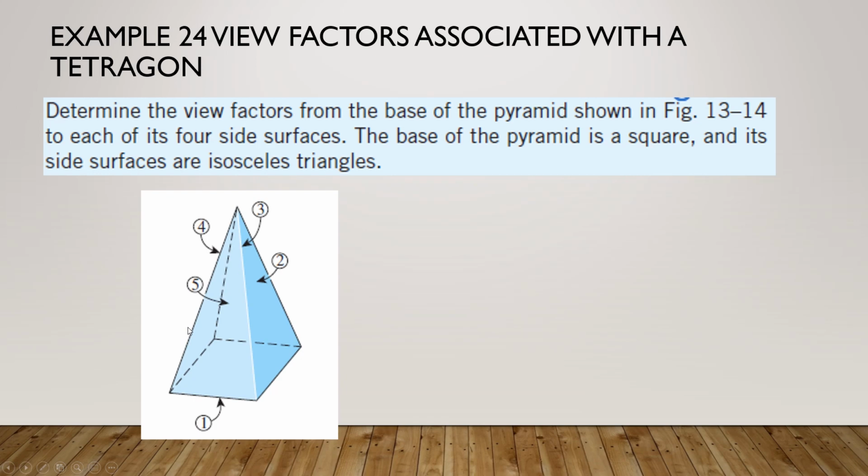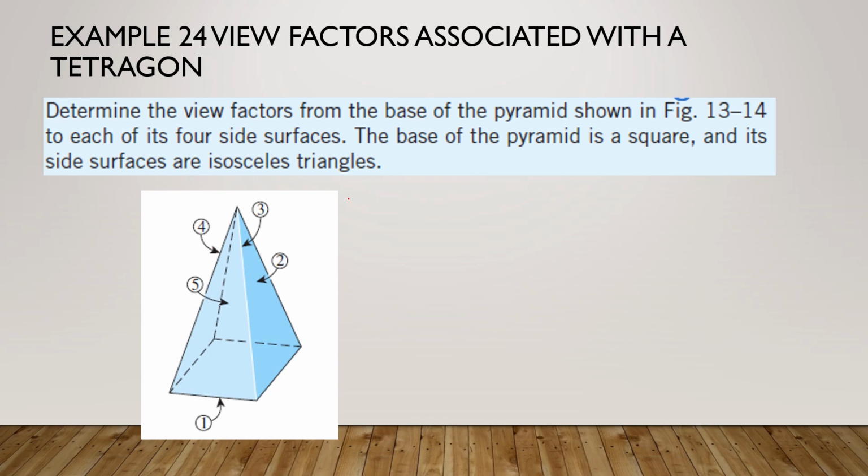Okay, we know that area 2, area 3, area 4, and area 5 have the same dimension, the same area, because the pyramid has the same area for all those isosceles triangles.